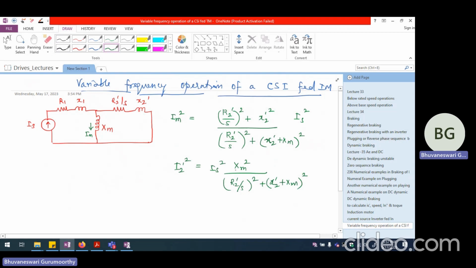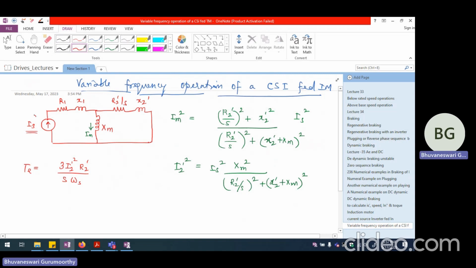This will give us I2 dash square, and we should be able to write the torque. So electromagnetic torque is going to be 3 I2 dash square R2 dash divided by S, multiplied by omega s, where omega s is the synchronous speed, which is decided by the frequency at which this IS, the source current, is being generated. So this is the electromagnetic torque.